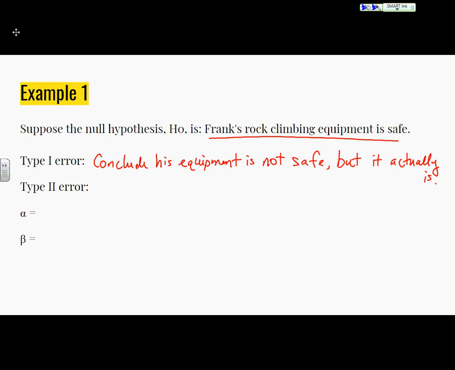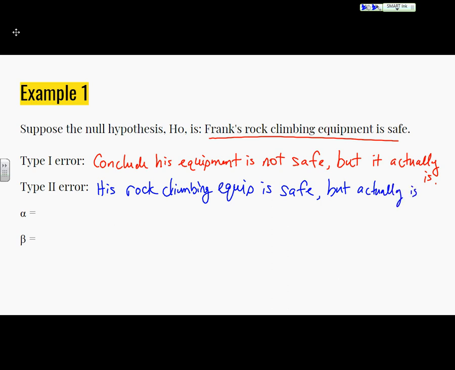Okay? So his rock climbing equipment is safe. I'm saying, hey, Frank, I did all the testing. Go ahead. Your rock climbing equipment is safe, but actually it is not.